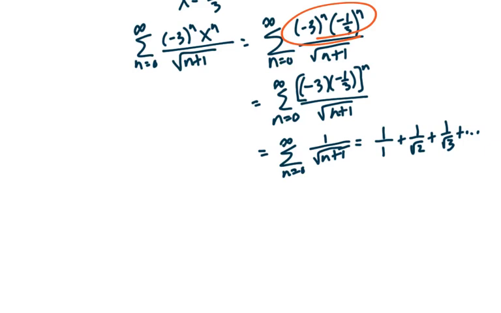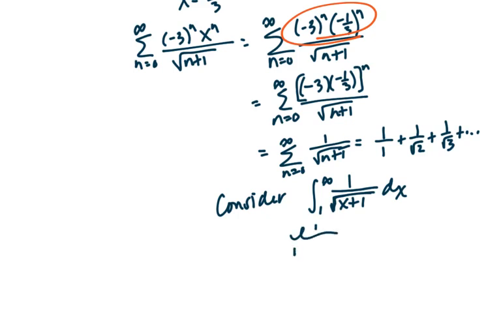So let's consider the integral from 1 to infinity of 1 over the square root of x plus 1 dx. So this is the limit as m approaches infinity of the integral from 1 to m of 1 over the square root of x plus 1 dx.